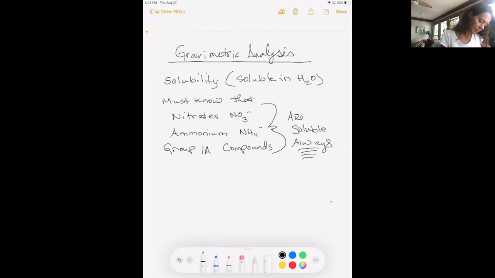Now, it's also important, let's see, Ms. Murphy, focus here, stay on task. When we perform a gravimetric analysis problem or lab, we would take a compound that is soluble, typically, okay? And we would add it to another compound.